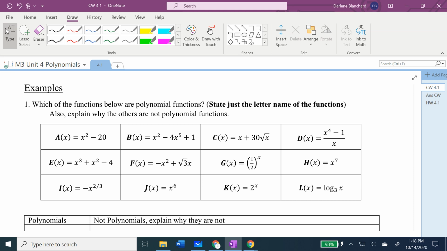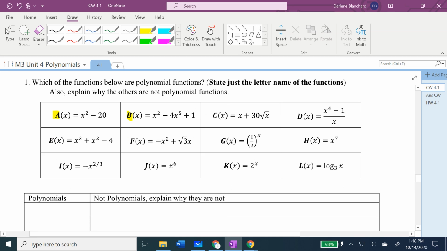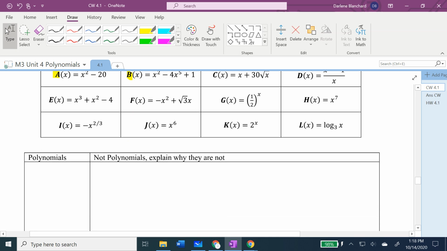And for you to not have to write as much, you're just going to write the letter, and I bold printed the letters to help emphasize. Just put the letter. We've got A, B, C, D, E, F, G, H, I, J, K, L. And I want you to first just list which ones are polynomial, which ones are not polynomials, and then we'll look at why each one that isn't.